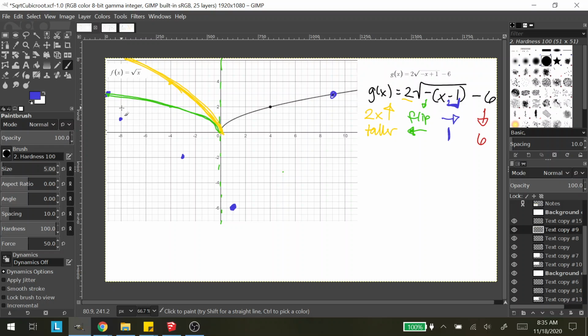That's my graph. I now have to draw the curve. I'm going to do my best. That's as good as the curve as I can do. And that's what I'm looking for. So the trickiest part here was knowing to factor out that negative sign.